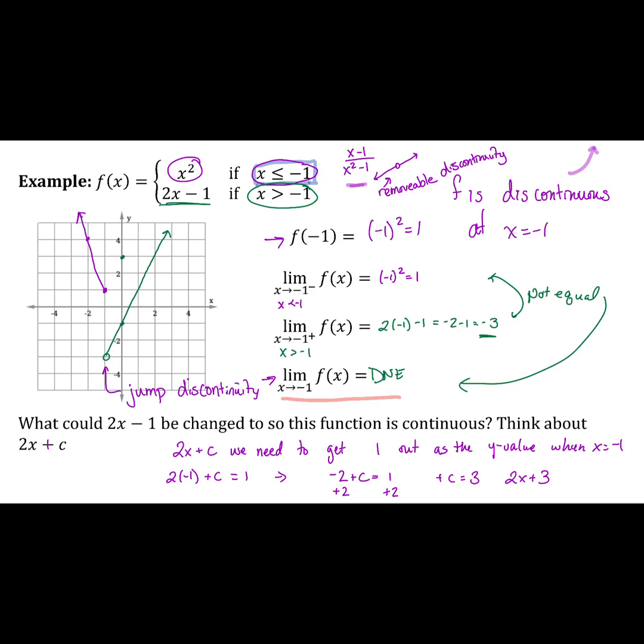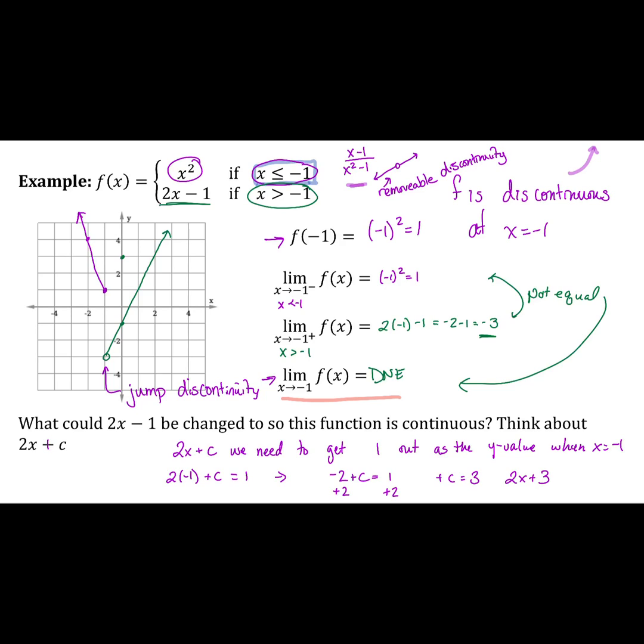So let me copy this and paste it. Oops, I don't want to paste it as an image. I want to paste it as just another graph. We could take this graph that's sitting down here, and if we could move it up so that the 2 points meet up, we could make our graph continuous. So to do that, we'd have to figure out what that C needs to be.